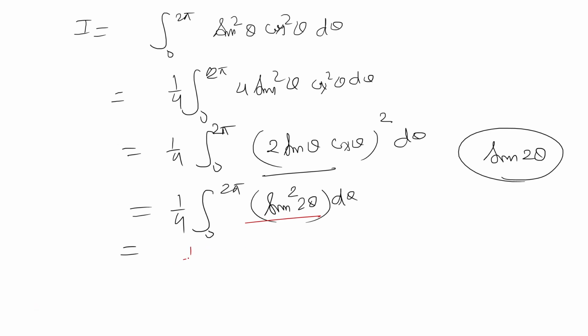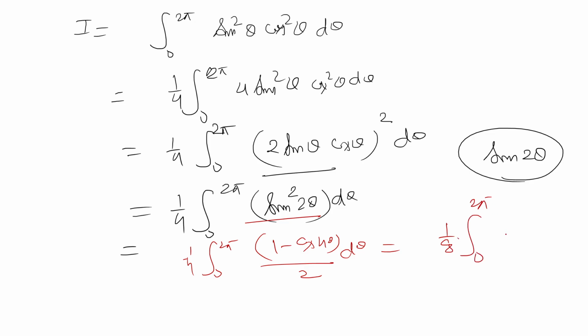So again let us say we can write here 1 minus cos 4 theta, right, by 2. So we'll get here 1 by 8, 0 to 2 pi, 1 minus cos 4 theta d theta.